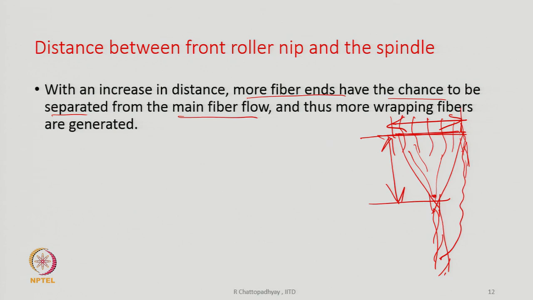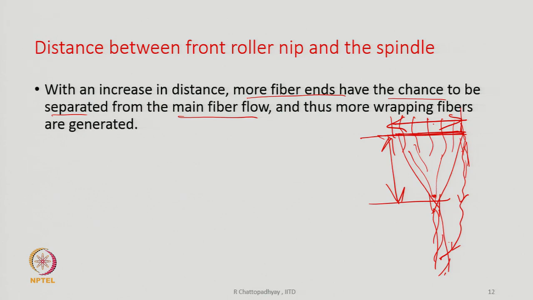From the edges, some fibers will escape twisting actions, and they will join the main strand later, like this fiber, and the later they join, the longer wraps they will form finally. Their numbers can be increased if we increase the width of the triangle from here to there. If this width is increased, more edge fibers will be formed.